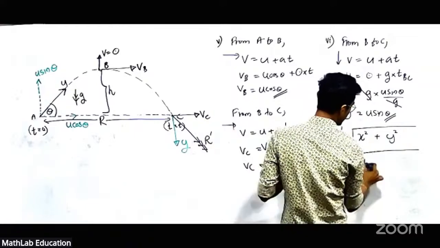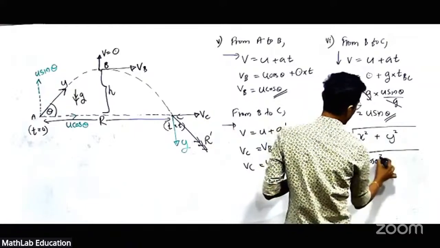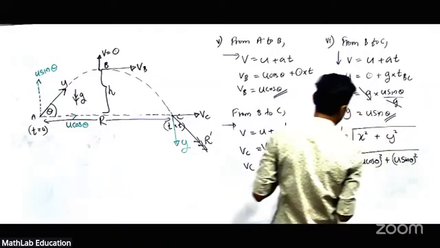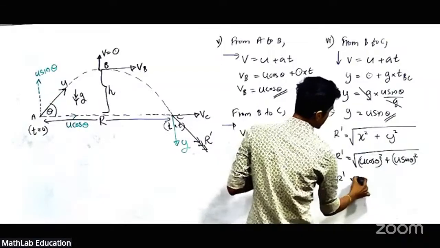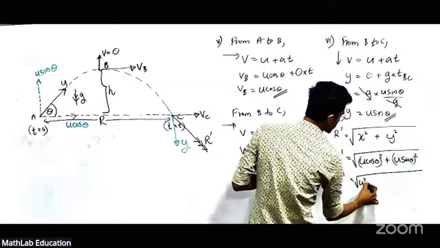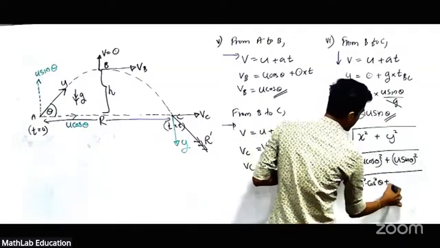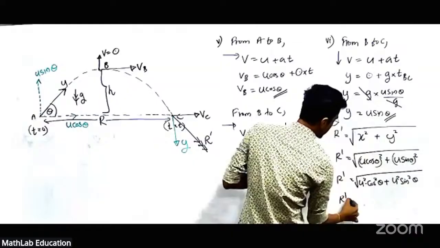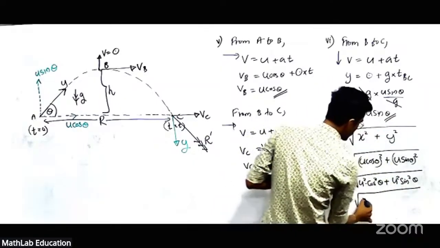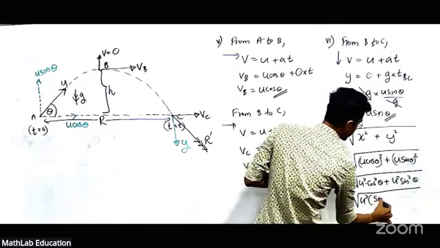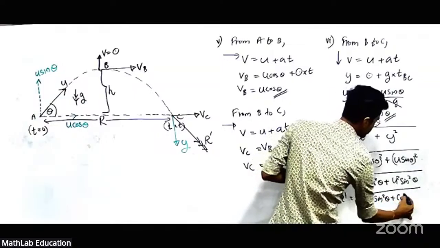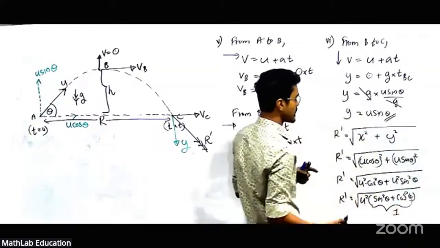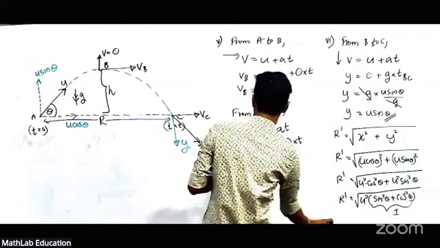So x is u cos theta, squared, and y is u sin theta, squared. Simplify this: root of u squared cos squared theta plus u squared sin squared theta. R dash equals root of u squared, which can be taken out, then within brackets sin squared theta plus cos squared theta remains, and we know sin squared theta plus cos squared theta equals 1 always.